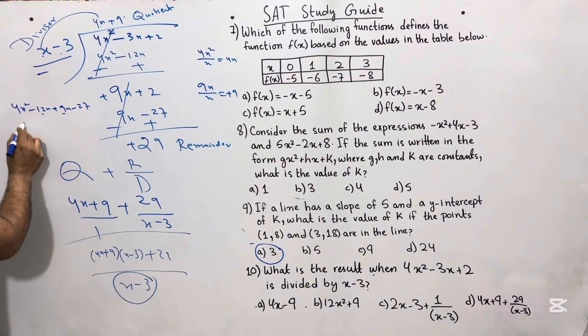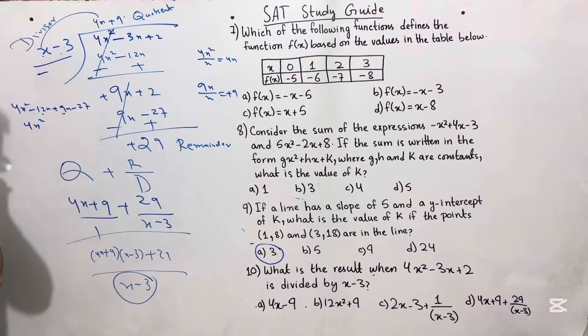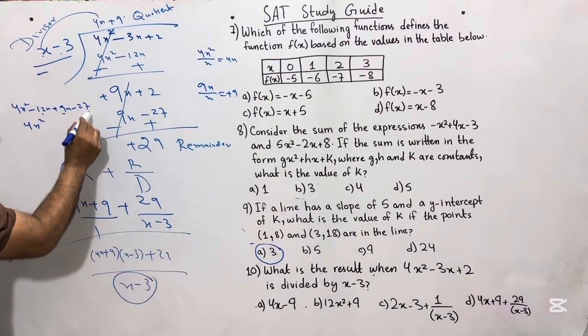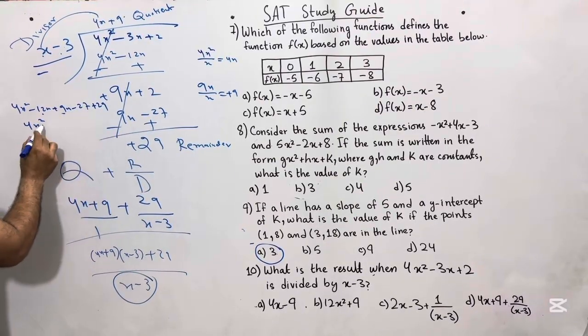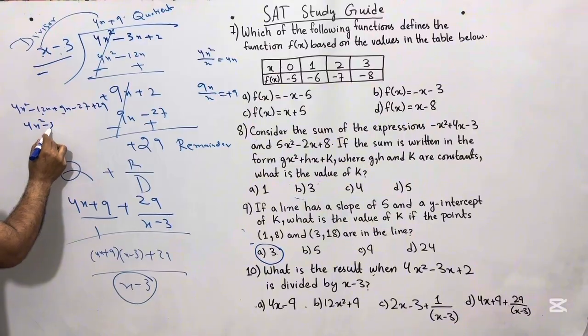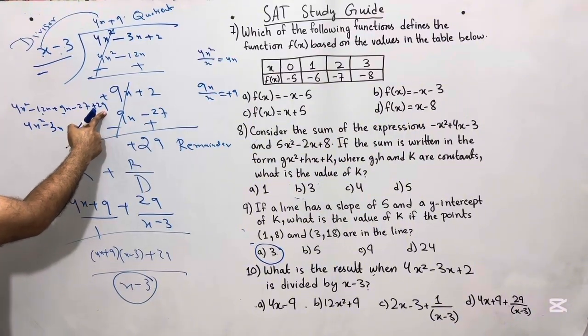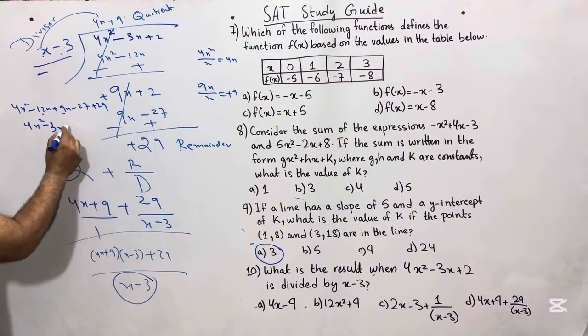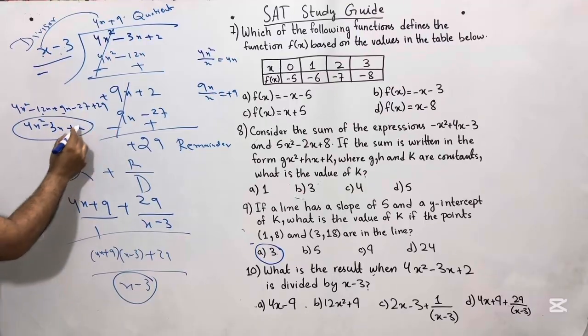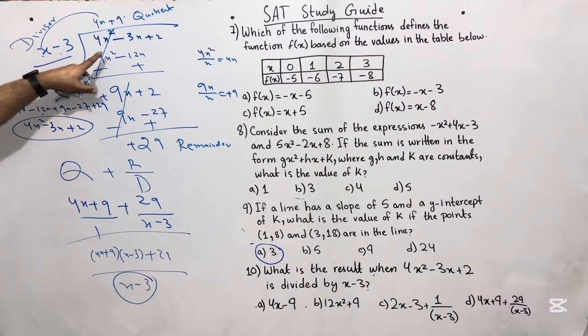Minus 12x plus 9x is minus 3x, so 4x squared minus 3x, and there is plus 29 as well. Minus 27 plus 29 is 2. We have the same expression that we divided by x minus 3.